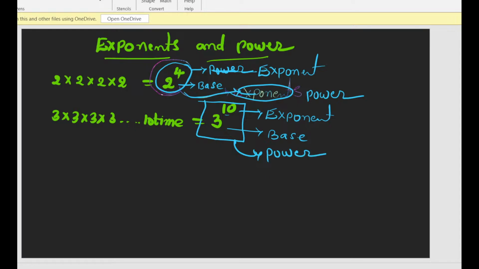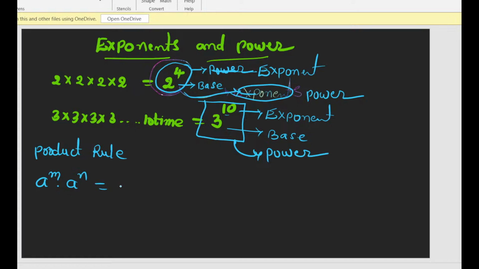Okay. Understand? There are a few formulas. The product formula: product rule means a power m into a power n.